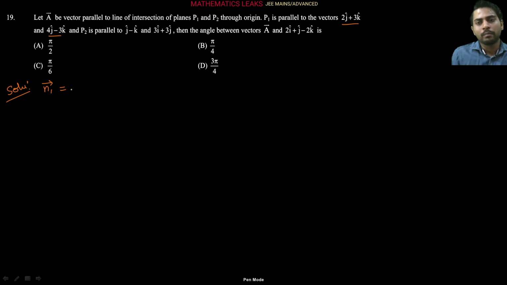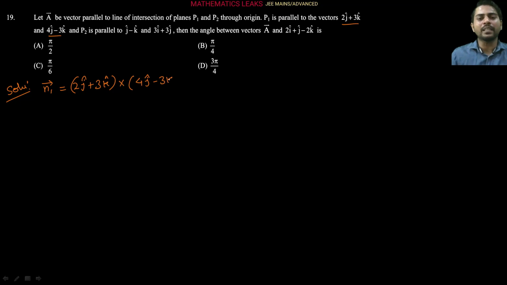So if P1 is parallel to these two vectors, the P1 plane normal will be perpendicular to these two vectors, right? So the normal of P1 I am indicating by vector N1. That will be nothing but the cross product of these two vectors, (2j cap plus 3k cap) cross (4j cap minus 3k cap), right?